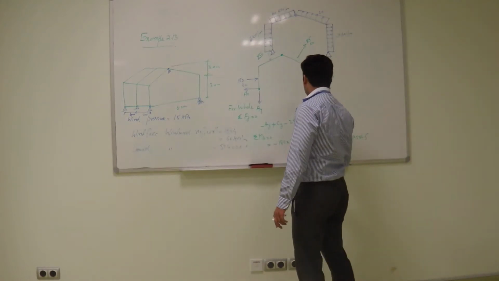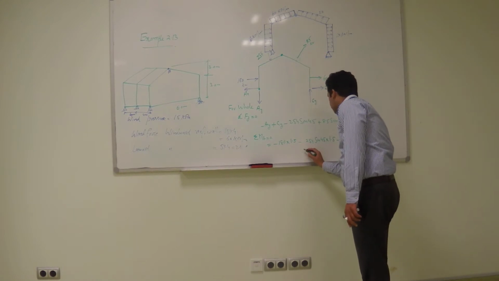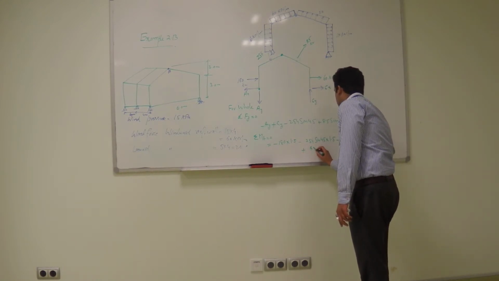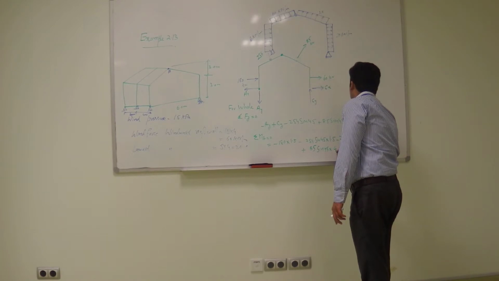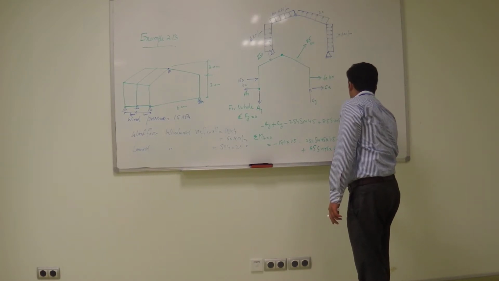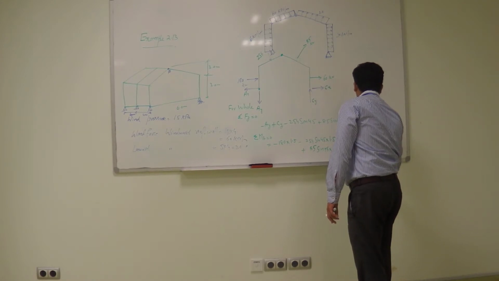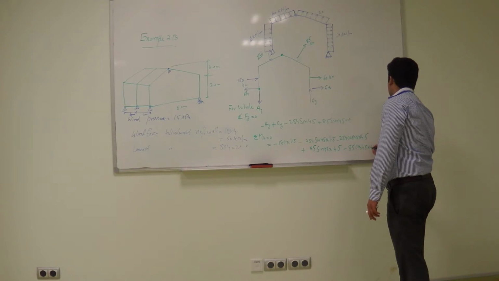So minus, plus vertical component: plus 85 sine 45 into 4.5, minus 85 cos 45 into 1.5.